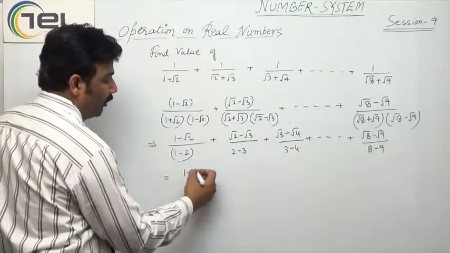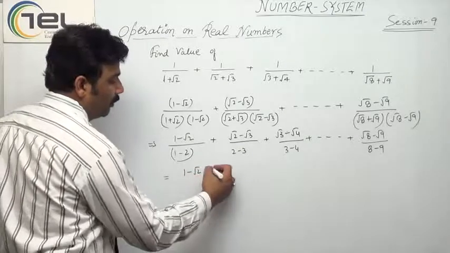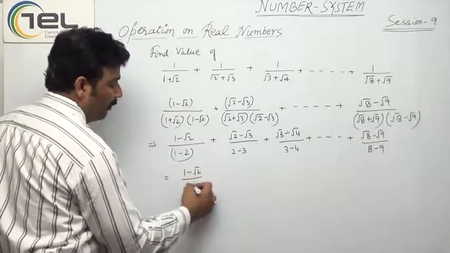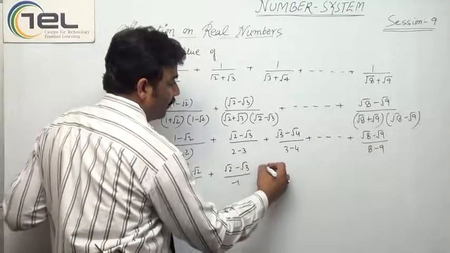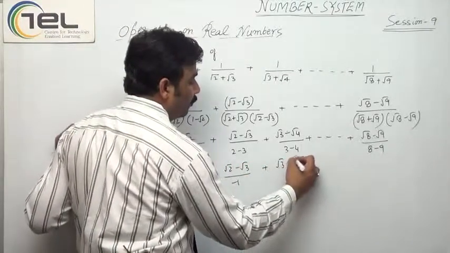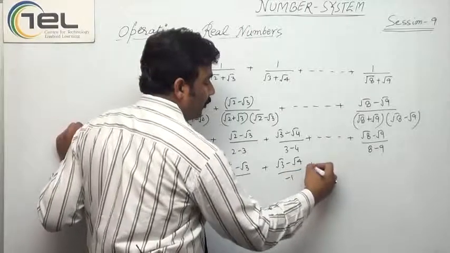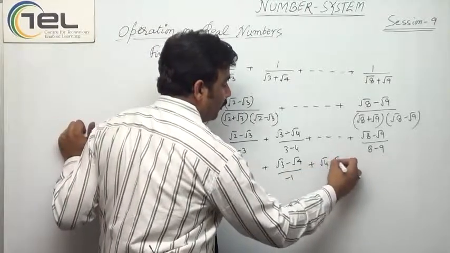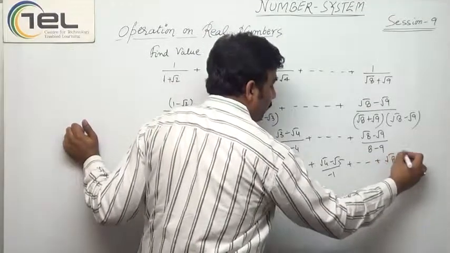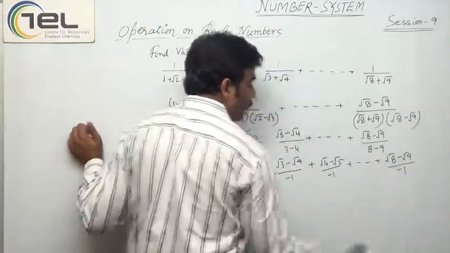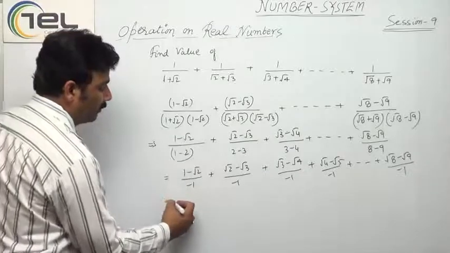So I will have 1 minus root 2 upon minus 1 plus root 2 minus root 3 upon minus 1 plus root 3 minus root 4 upon minus 1 plus root 4 minus root 5 upon minus 1, and so on up to root 8 minus root 9 upon minus 1. Just divide them by minus 1.